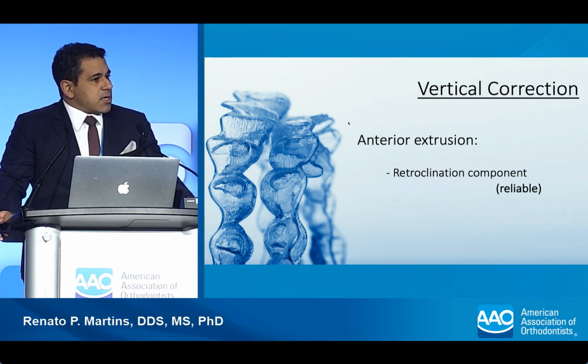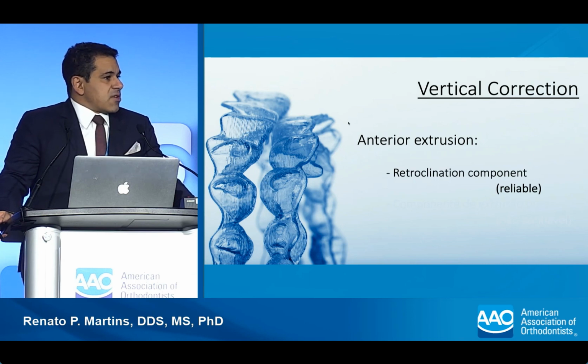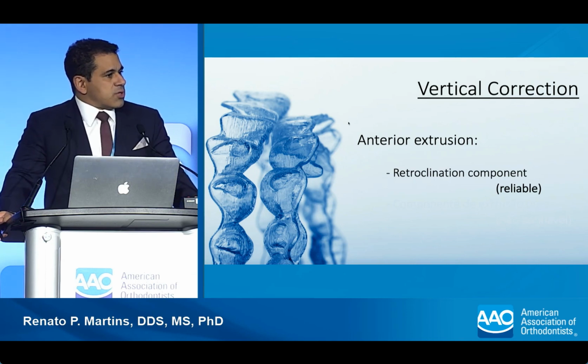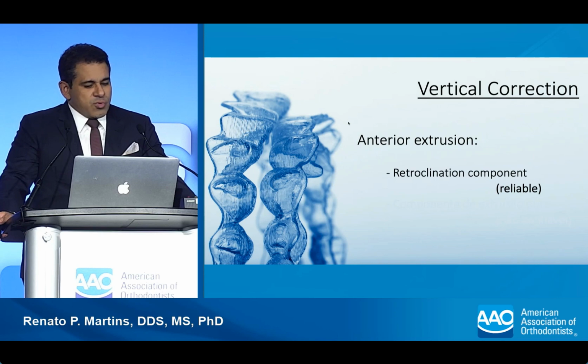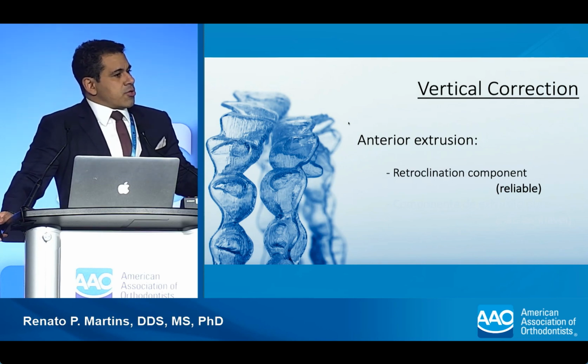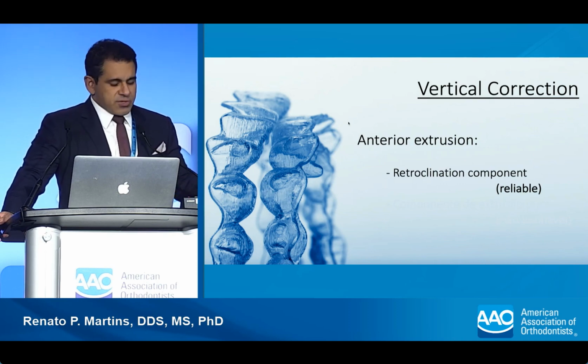And you get extrusion or intrusion of the incisal edge whenever you do those two movements. And you can use that in your favor, or you can predict the reliability of your treatment if you can observe this. So let me show you a case of a patient.